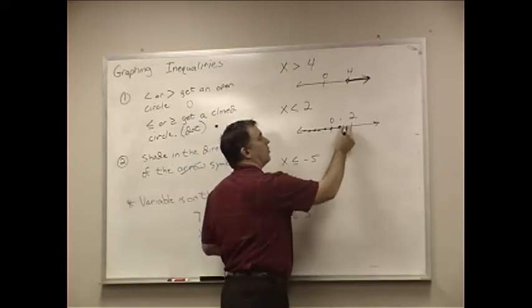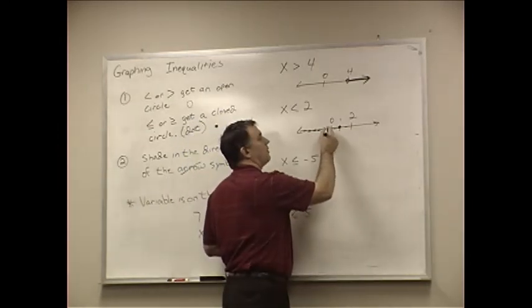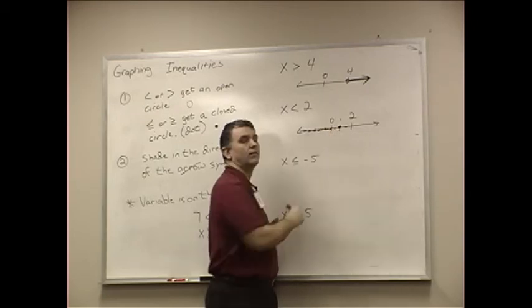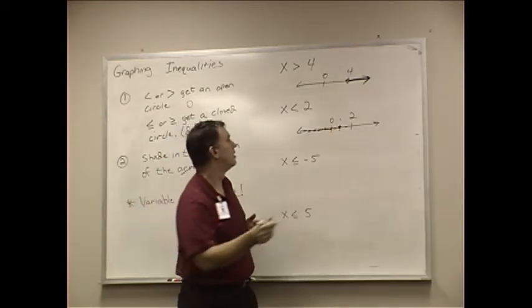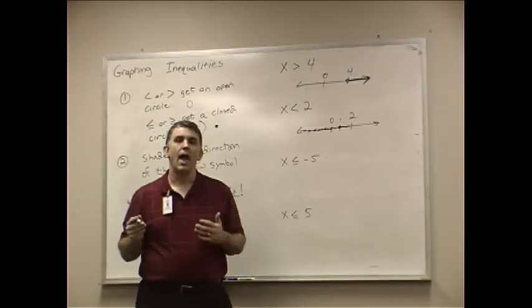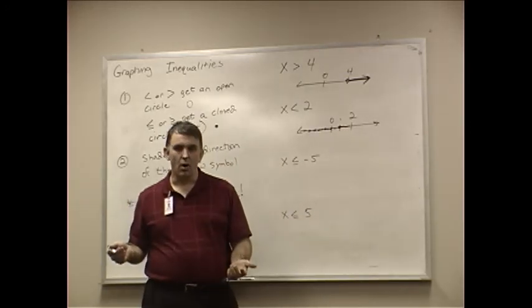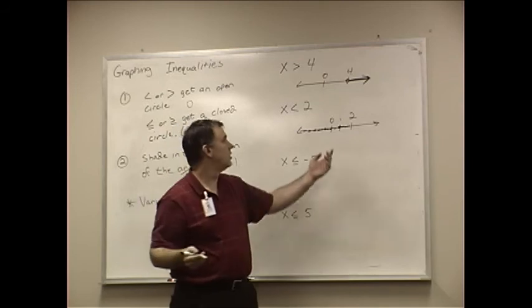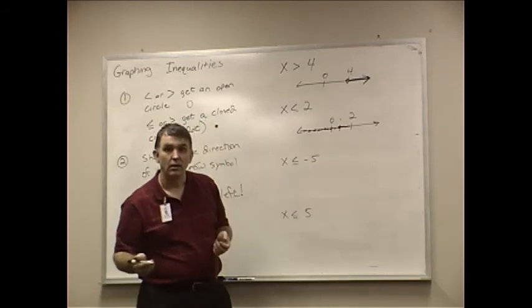But wait a minute. What about 1.5, 0.5, -0.5, -1.5? As a matter of fact, what about 0.1, 0.2, 0.3, 0.4, 0.5, 0.6, 0.7, 0.8, 0.9? Every number that's smaller than 2 is going to get a dot, isn't it?